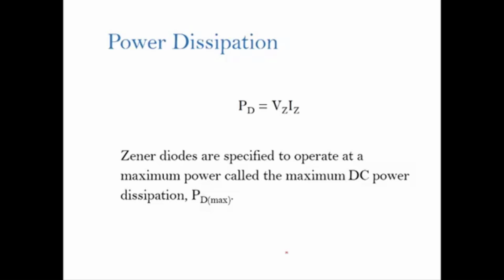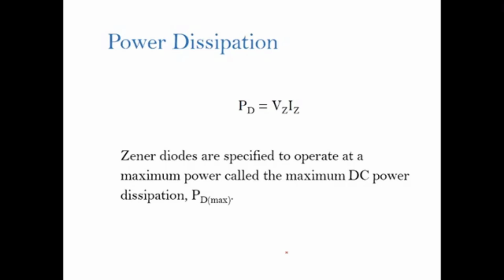When we operate at reverse bias, above the Zener voltage, the current will start to flow rapidly. The rapid increment of current will damage the device.